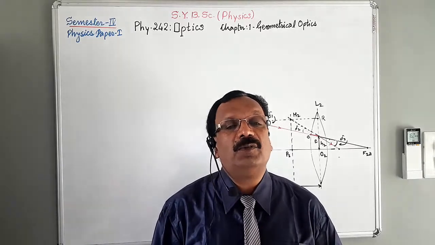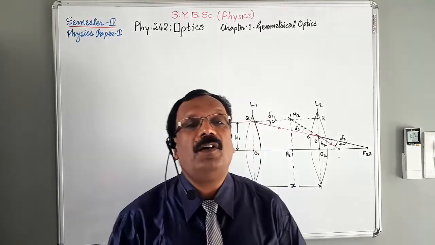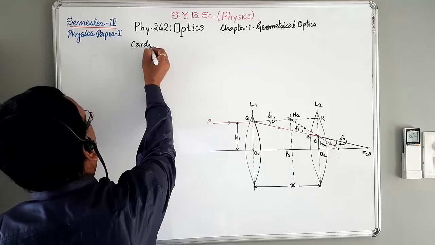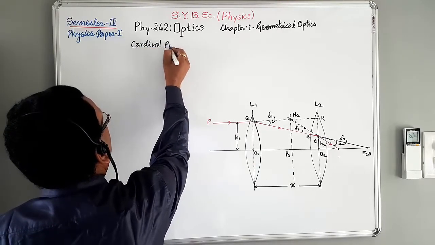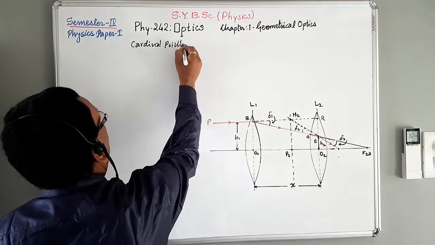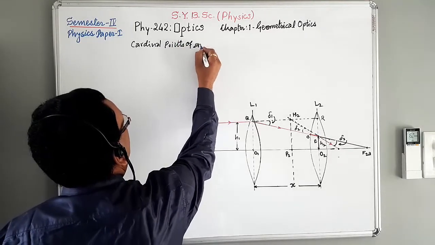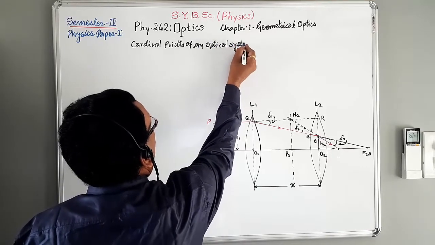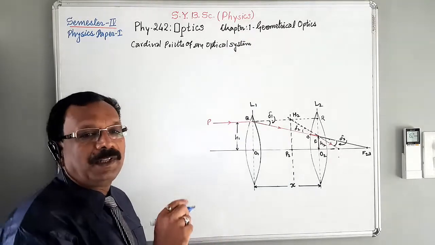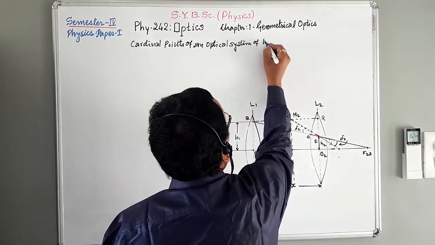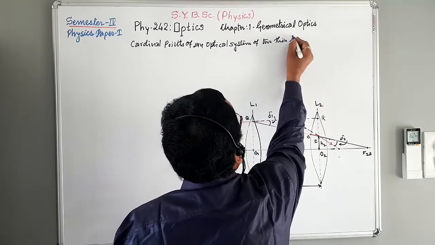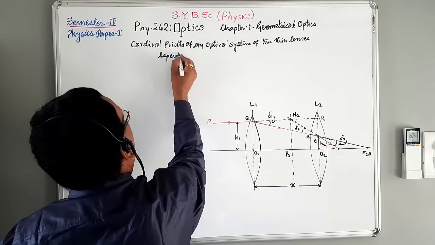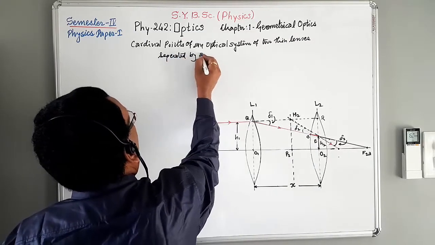Now in this lecture we are going to see the cardinal points of an optical system. Cardinal points of an optical system of 2 thin lenses separated by a finite distance.